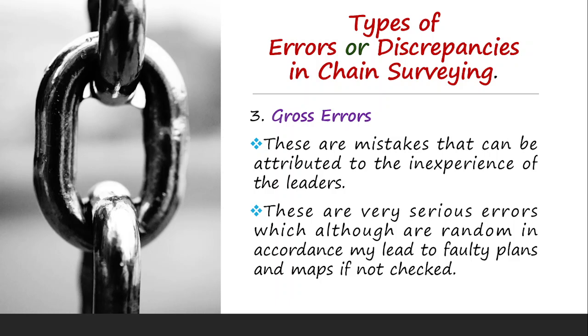These are very serious errors which, although random in occurrence, may lead to faulty plans and maps if not checked. They are very serious errors if they happen to occur randomly without being checked over time in the results of the survey.